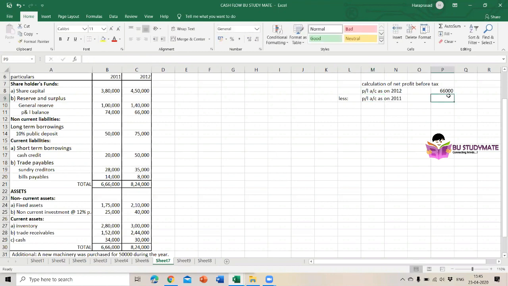How much is the amount? That is 74,000. Okay, if we deduct, how much we will get? Minus 8,000 rupees.